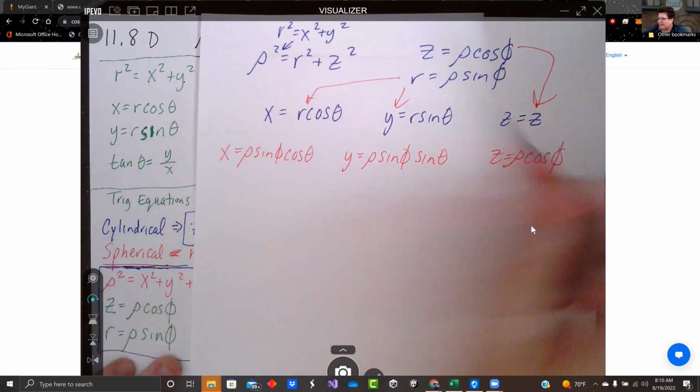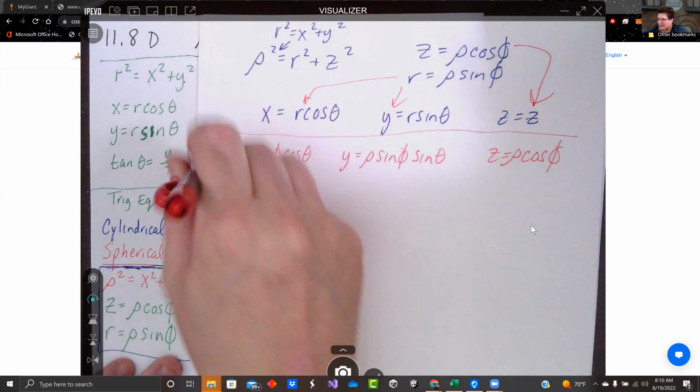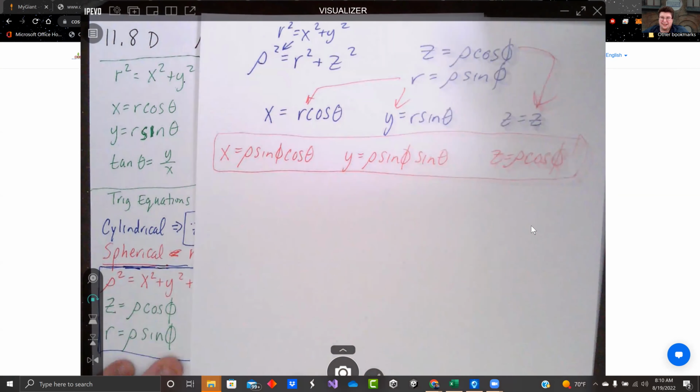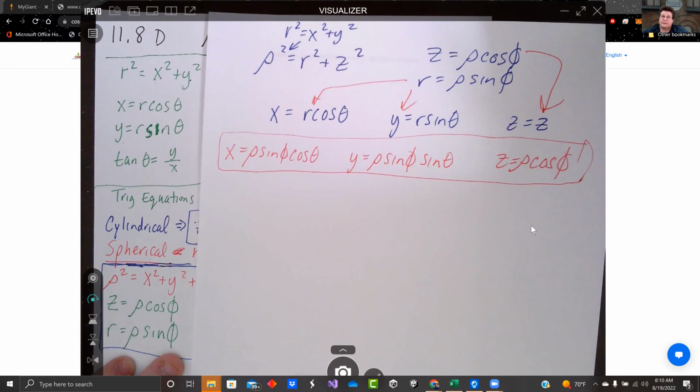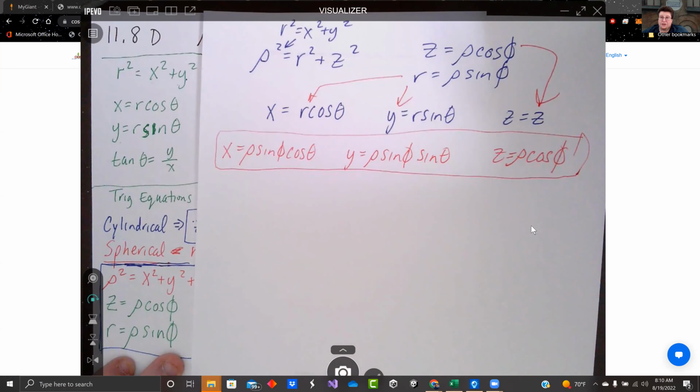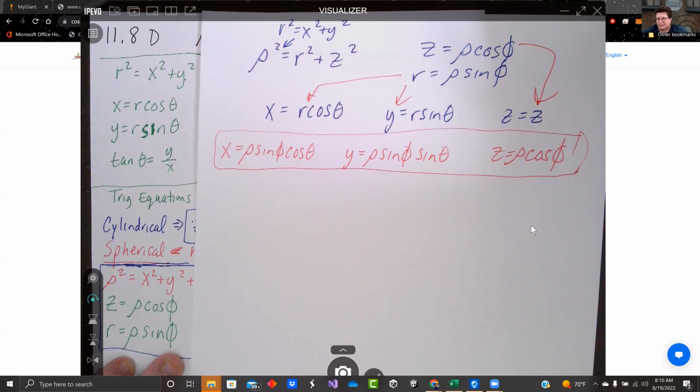Those are the three that are the hardest to memorize because they've got a lot going on in them, right? Now, we could add the tangent phi in, but we don't need it. I know the book has equations for switching from spherical to cylindrical.